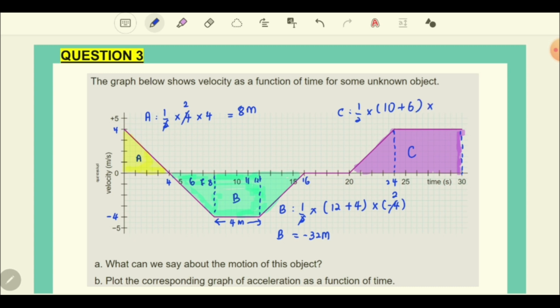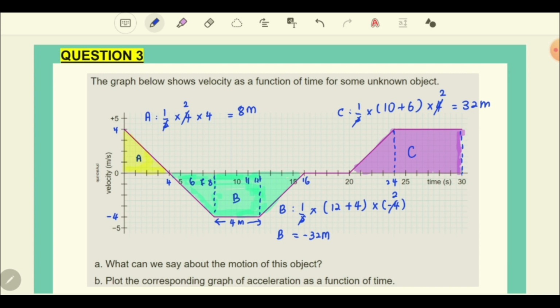Times the height, the height is 4. So it's equal to 16 times 2, so we still have 32. So this one is negative 32.